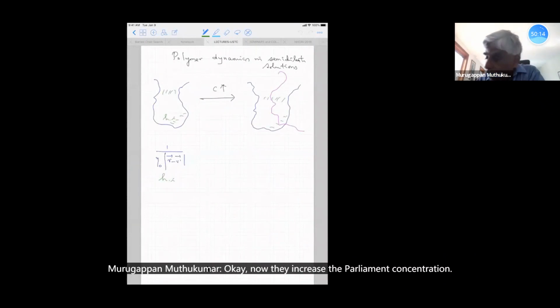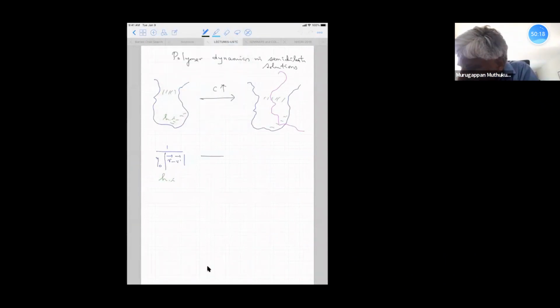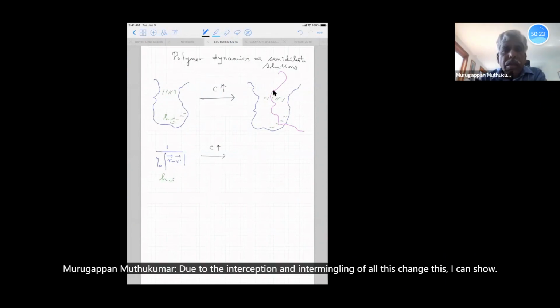Now, when I increase the polymer concentration, due to this interception and intermingling of all these chains, I can show how this happens.